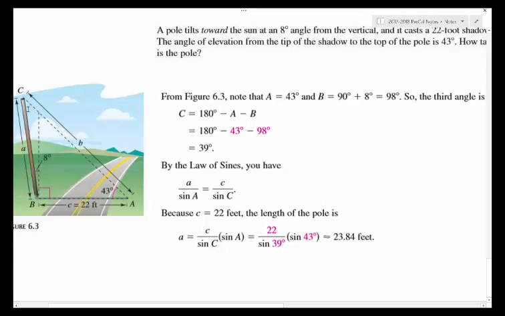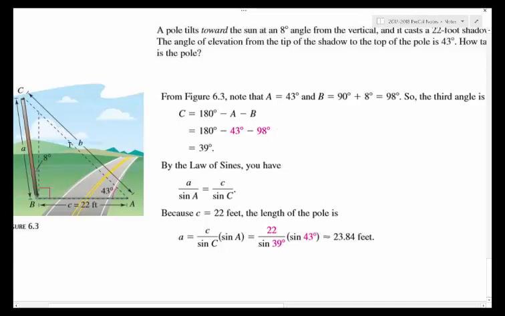So angle C right here, I know that this is 8. So if I subtract 8 and 43, I know that I have 39 degrees. I take 180 minus 43 minus 98.